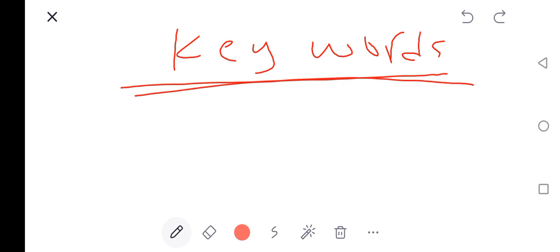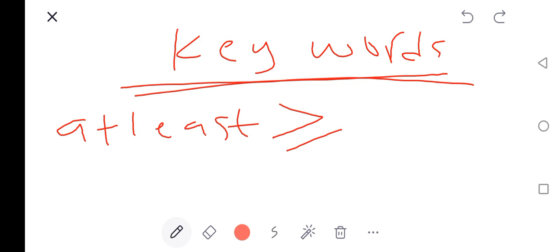When you hear the word at least, it means greater or equal to. That symbol, that's what at least means. So if they use the word at least, they are saying, can you put that greater or equal to there? That's what they want you to do.